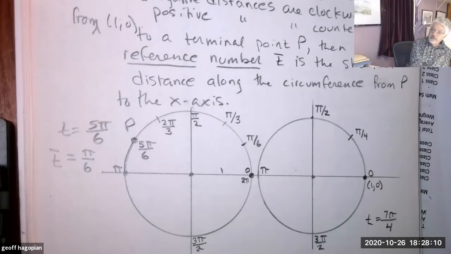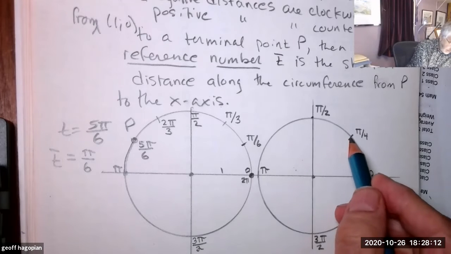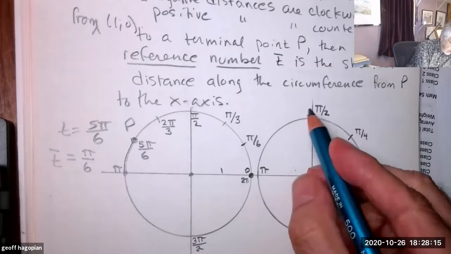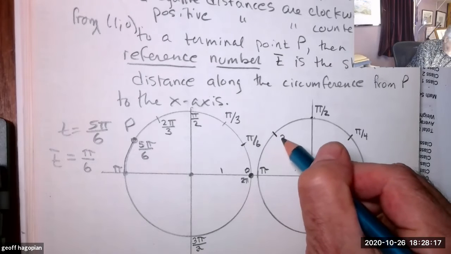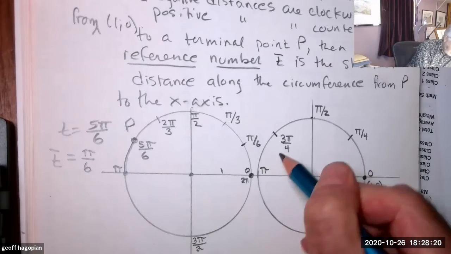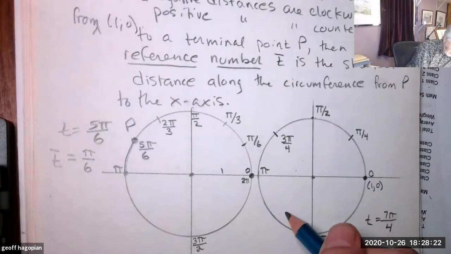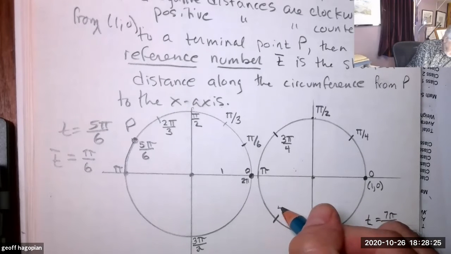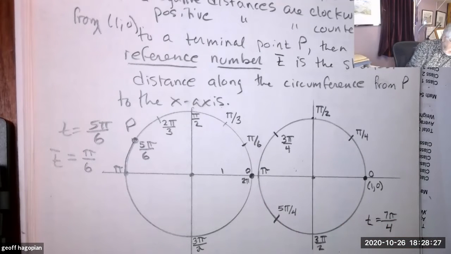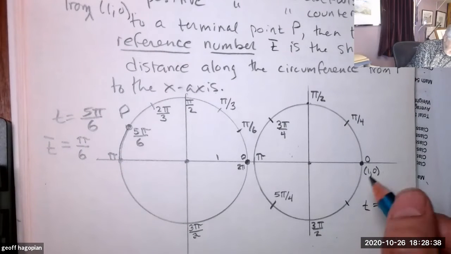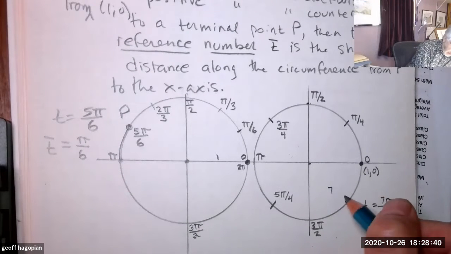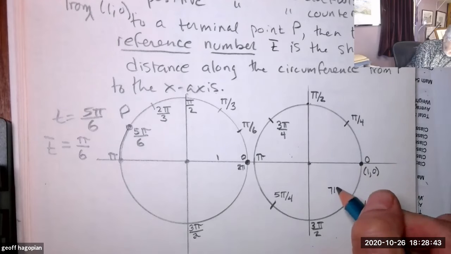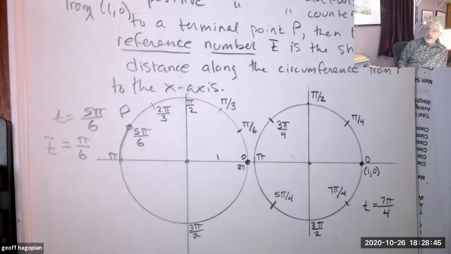And then we can also count by pi over 4 around the circle, right? 1 pi over 4, 2 pi over 4 is pi over 2, 3 pi over 4 is going to be here, 4 pi over 4 is pi, 5 pi over 4 is in the third quadrant, 6 pi over 4 is coincident with 3 pi over 2, same point, same number. And this is then pi over 4 more than 6 pi over 4, which is 7 pi over 4, and that's almost 2 pi, right?